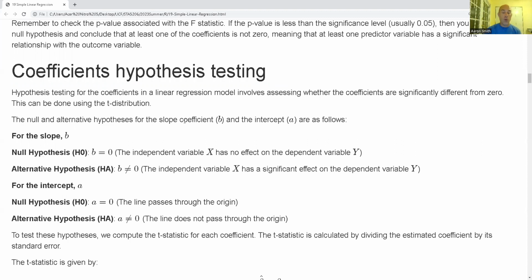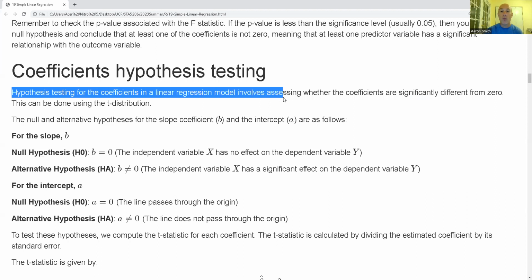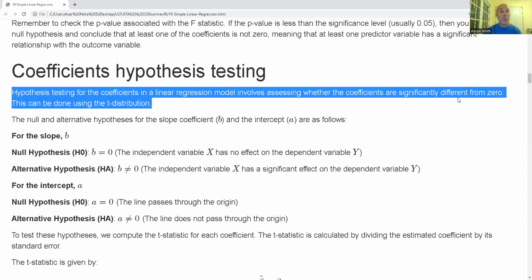Now for the purpose of simple linear regression, the test I'm about to talk about with my single x will be equivalent to just doing ANOVA. Either one works, whatever works better for you, whatever your stakeholders are more comfortable with. So hypothesis testing for the coefficients in a linear regression model involves assessing whether the coefficients are significantly different from 0.